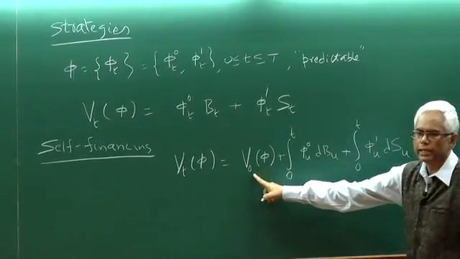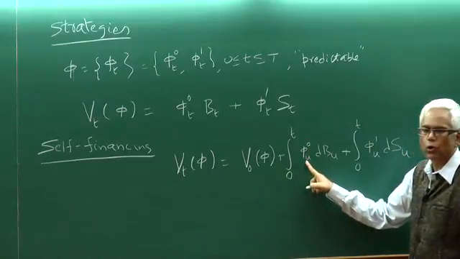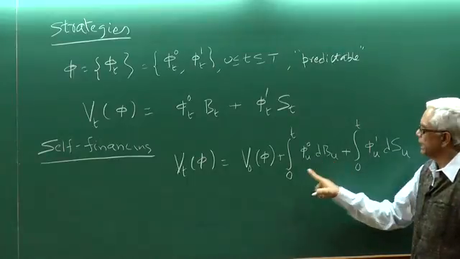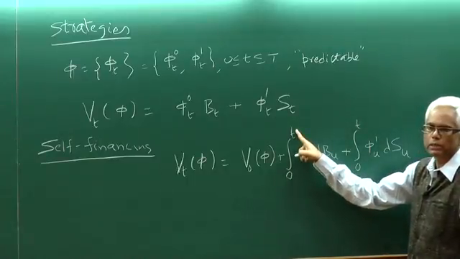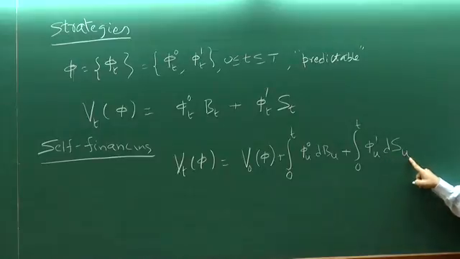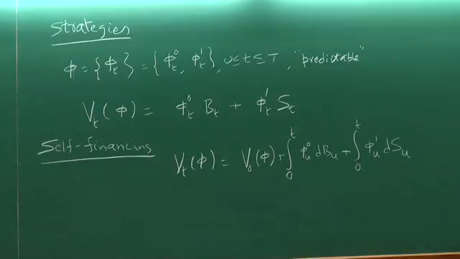This is the initial endowment. Phi 0 of u is your holding in the bond at time u, and dB u is the incremental change in the bond, integrated over 0 to t. Similarly, this is your holding in the stock, and this is the incremental change in the stock over a small period of time, and therefore it is called self-financing if this equality holds.